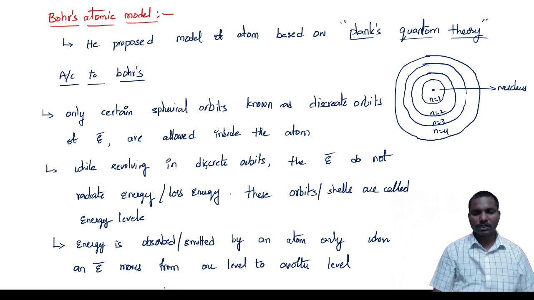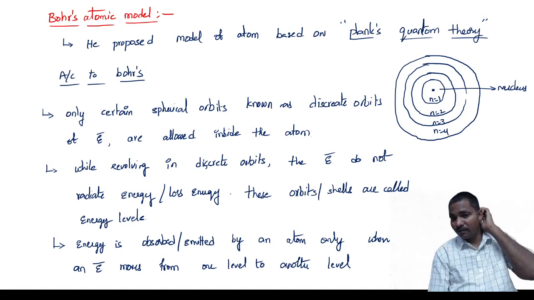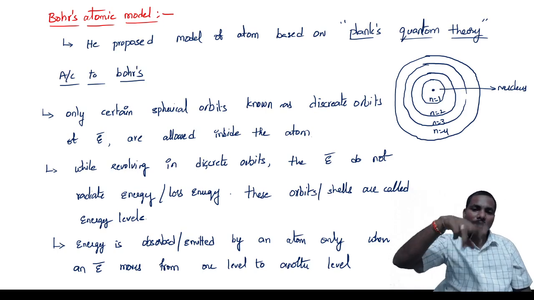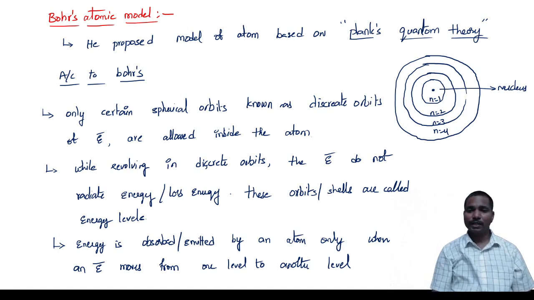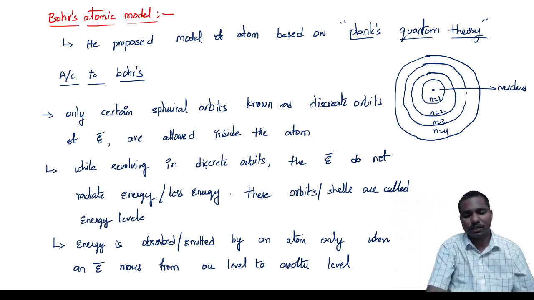So energy is emitted or radiated whenever an electron moves from one level to another level. If it is just revolving in its particular orbit, there is no radiation or loss of energy. Whenever it moves from one level to another level, only then does energy loss take place.